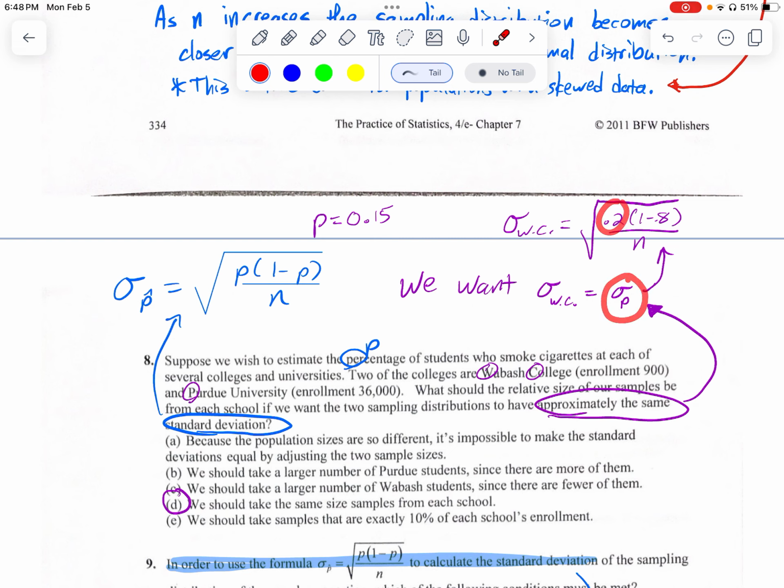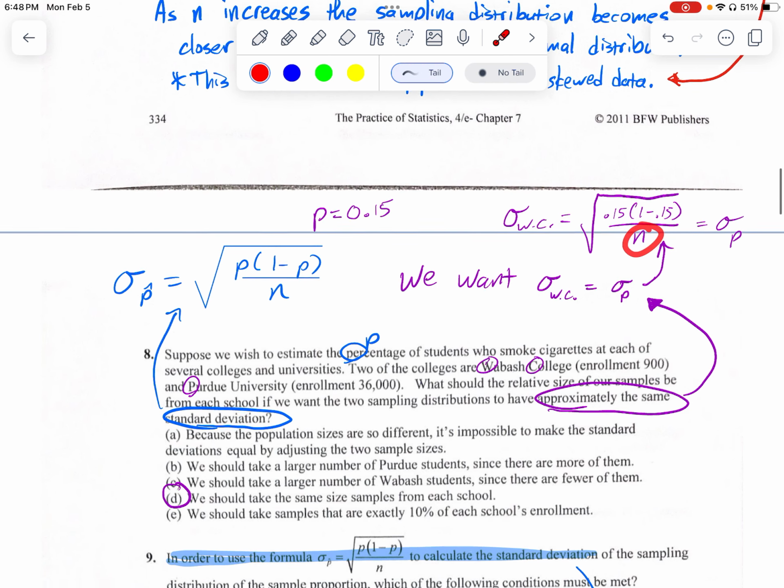Where did I come up with 0.2? Oh, 0.15. Sorry about that. But both schools are operating under the same assumption of 0.15, 15% of their kids that smoke. So they are both, there you go, the same. So if these are going to be equal, n has to be the same for both schools.